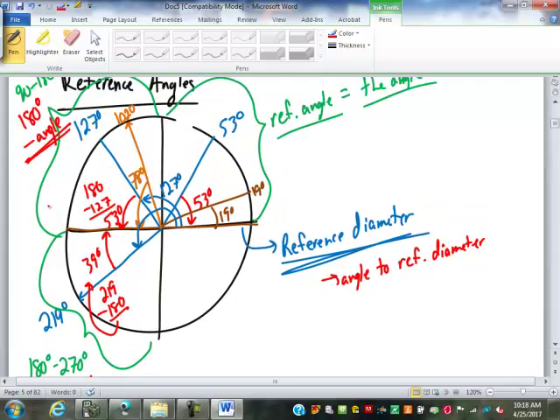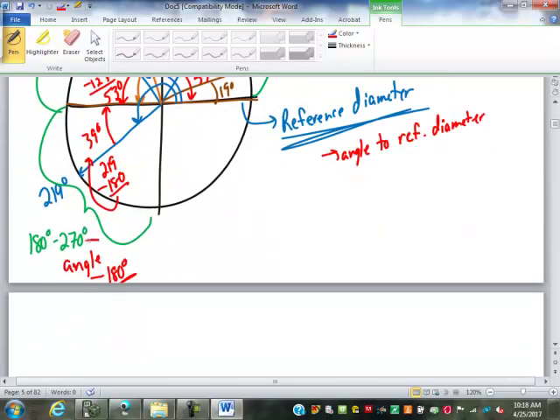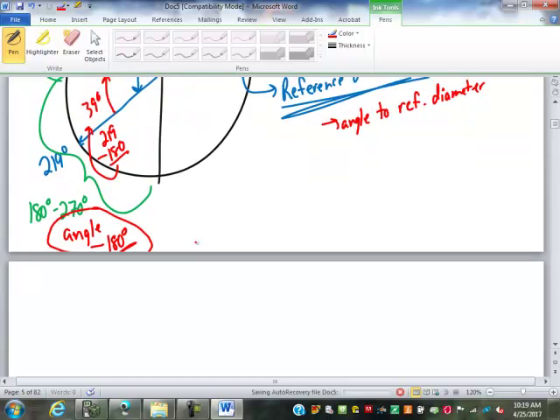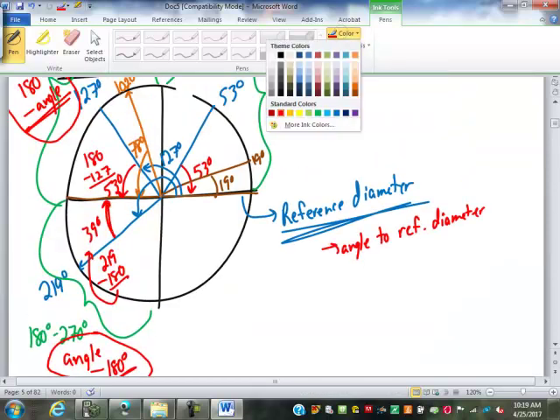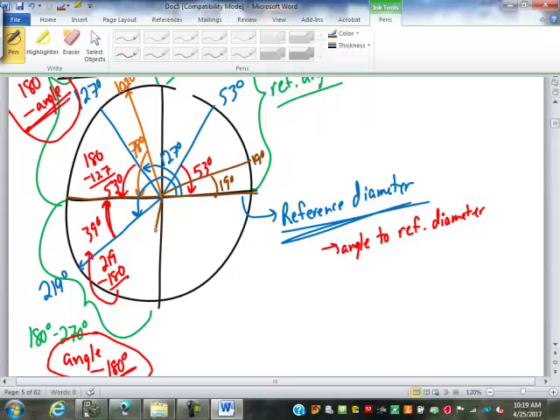Now don't confuse it. Up here, it was 180 degrees minus the angle. Here, it's the angle minus 180 degrees. Again, we're just looking at the closest way to get back to that reference diameter. So if I have a 258 degree angle, what's my reference angle? 78 degrees. Very good. 258 minus 180.